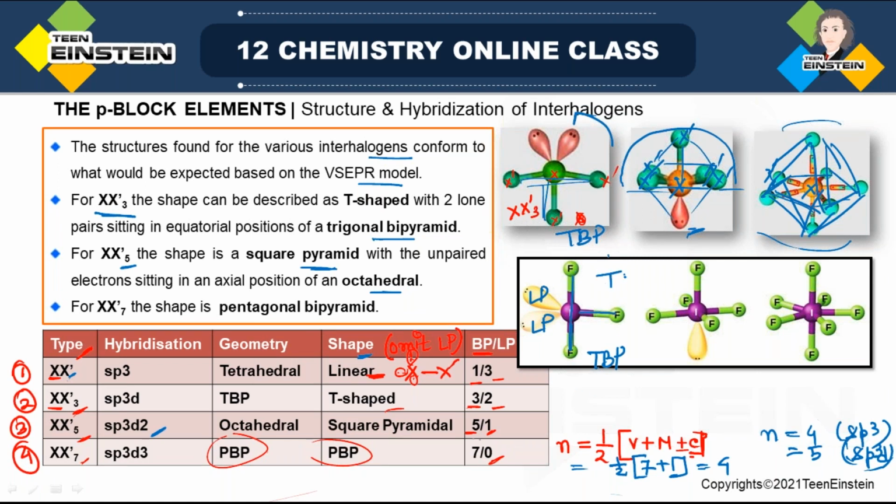This is IF3. This is IF5. IF7. Okay. So this is octahedral, but if you are not considering lone pair, it will be simply square pyramid. But the last one is pentagonal bipyramid.